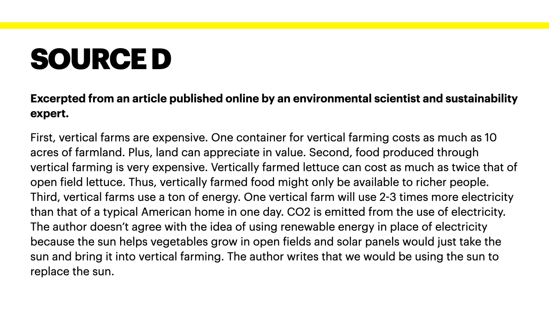Source D was not pictorial. It was not an infographic. So I did have something to read here, but it was the shortest of the readings. And this was excerpted from an article published online by an environmental scientist and sustainability expert. And source D actually goes against my thesis. It is not in favor of vertical farms, and I have a thesis that says it is in favor of vertical farms.